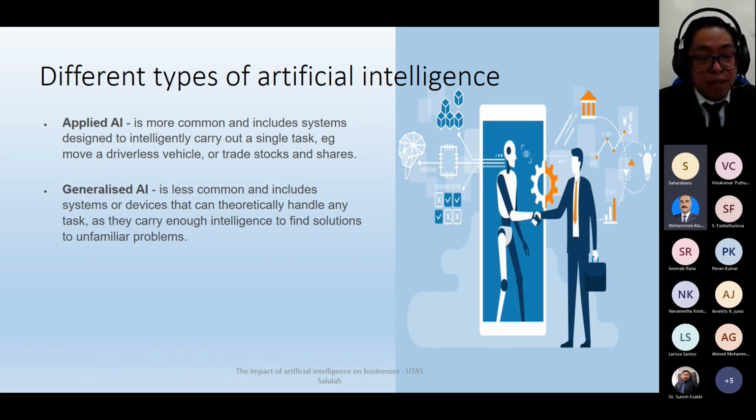So basically, most of the modern AI applications nowadays are enabled through a subfield known as machine learning, or ML, by the way, I'm sorry to say. So what is this machine learning?